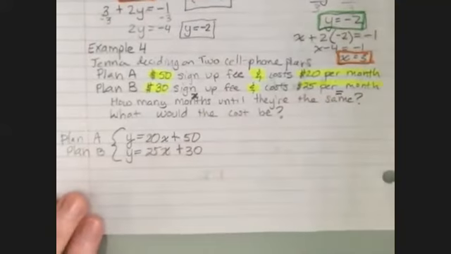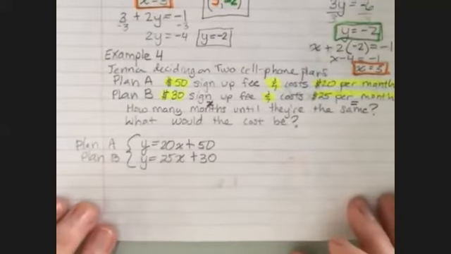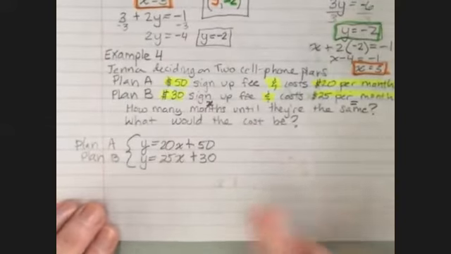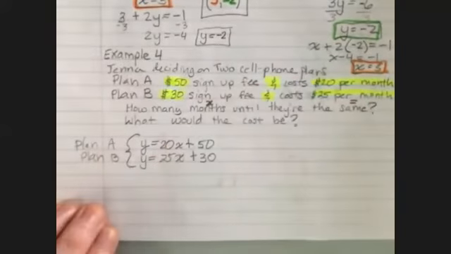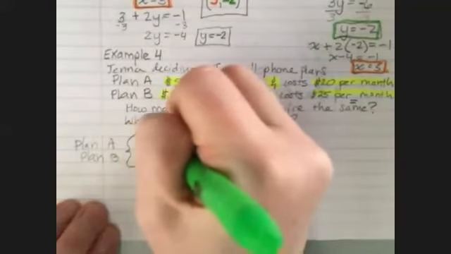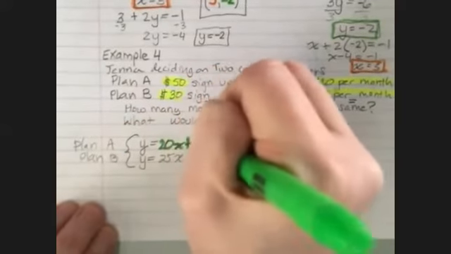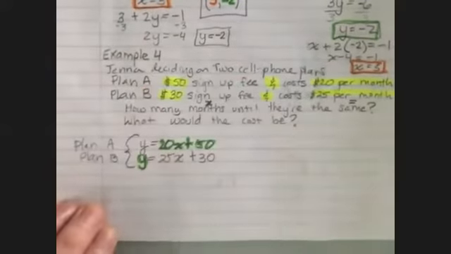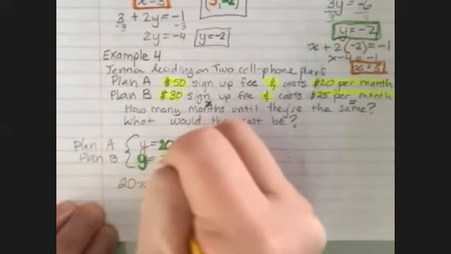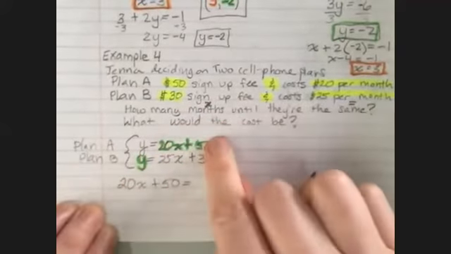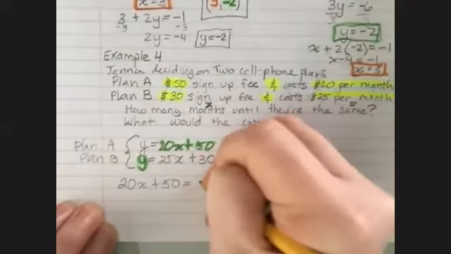Now that you have this here, you now need to use substitution to figure out what the other is. Well, they are saying the two plans are the same. So I'm going to plug in 20x plus 50 right where the y is into the other. So you're basically just setting them equal to each other. If you look at it, it's just saying this has to equal this.